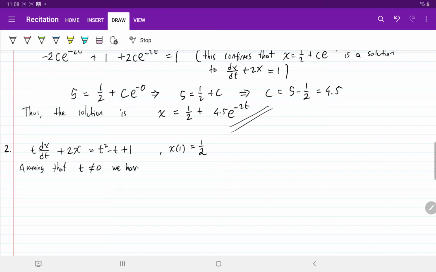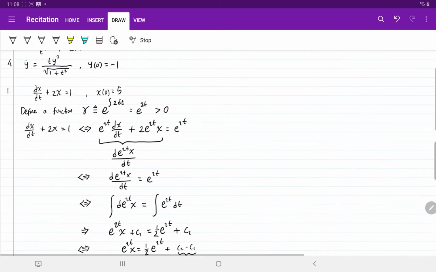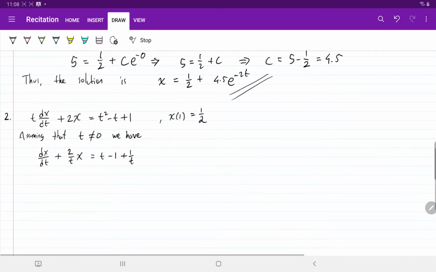We have dx/dt + (2/t)x = t - 1 + 1/t, dividing by t. Okay, so this problem has the same structure as the first problem, right? So we can follow similar steps.